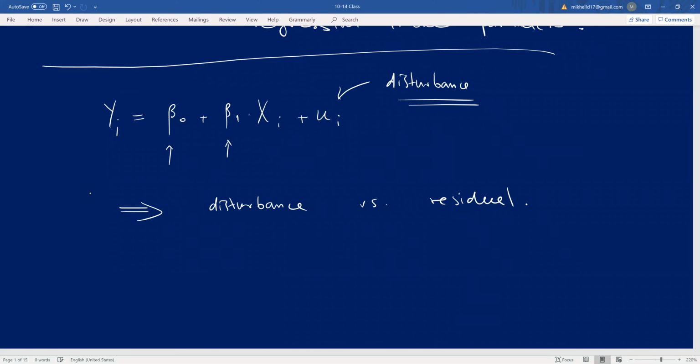This is one of the key things to understand in this course, so that you know what you are doing when you are estimating models. So how do we define the disturbance? That's y_i minus the expectation of y_i conditional on x_i.